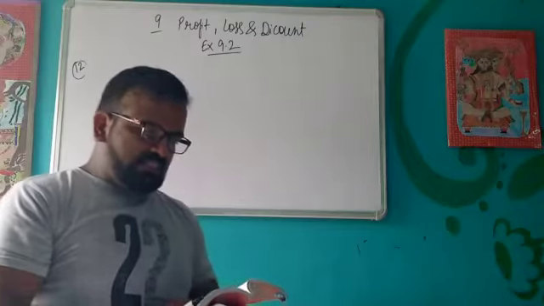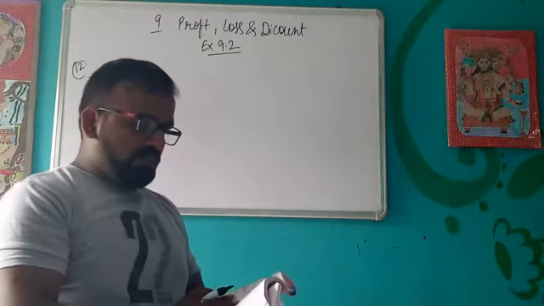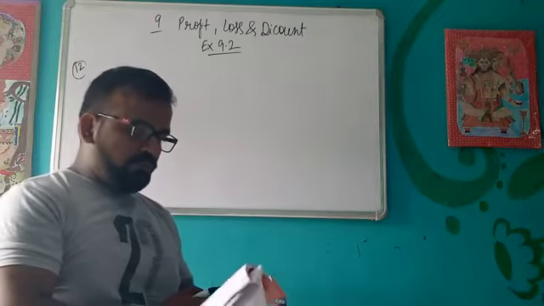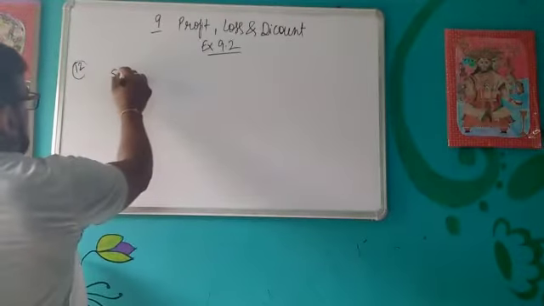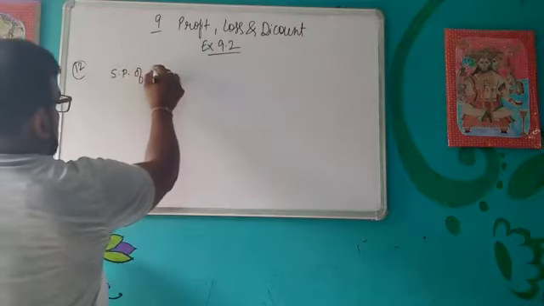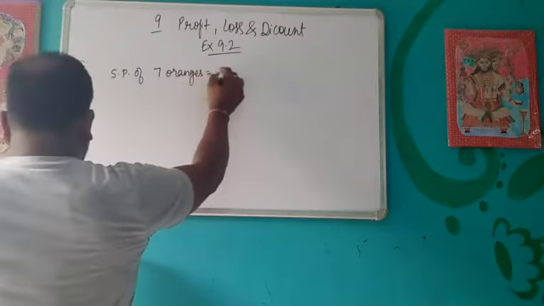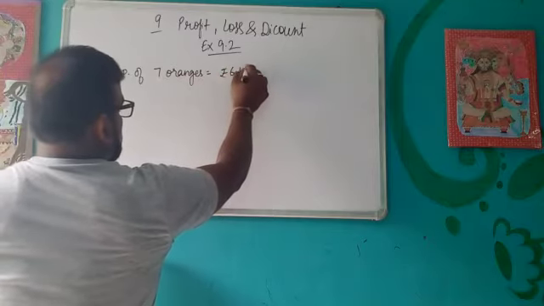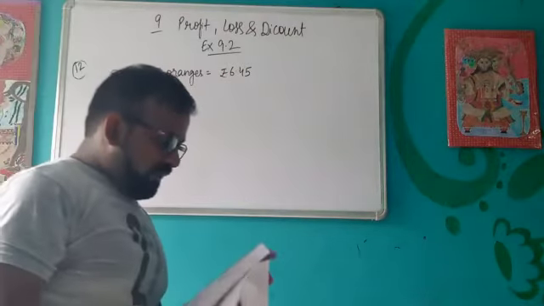By selling 7 oranges for rupees 6.45, Shambhu can make a profit of 29%. That means SP of 7 oranges is equal to rupees 6 and 45 paisa. At what price per dozen?